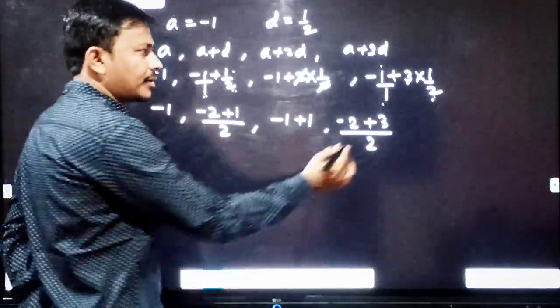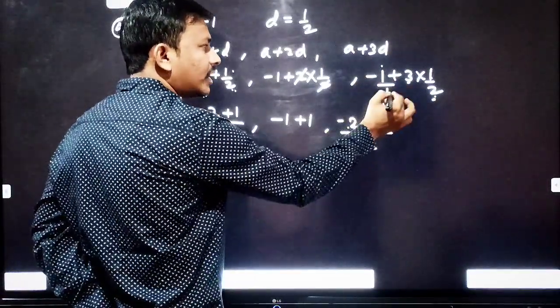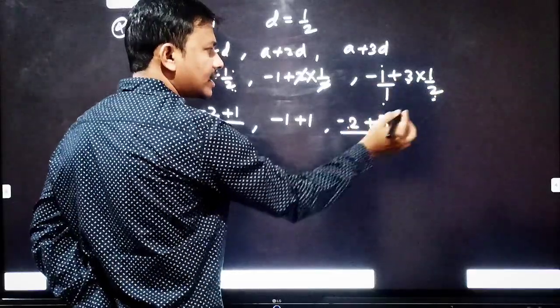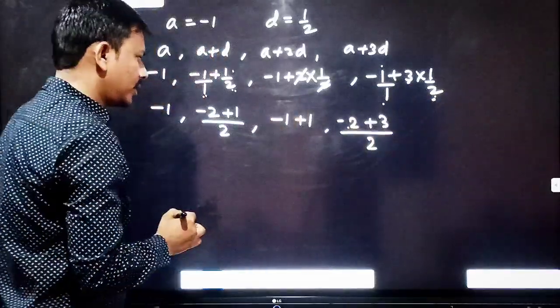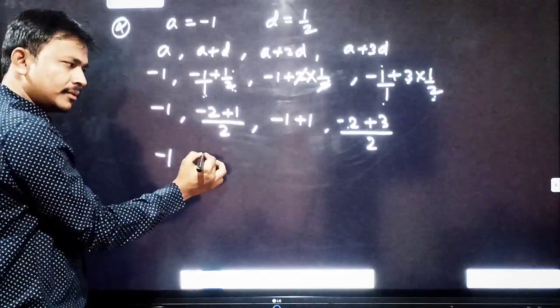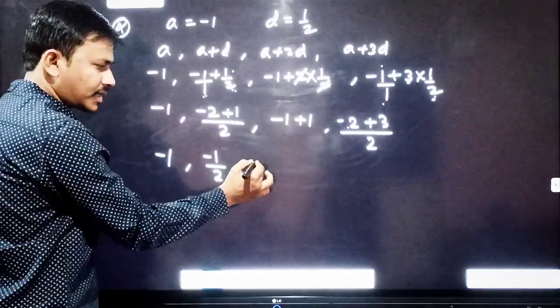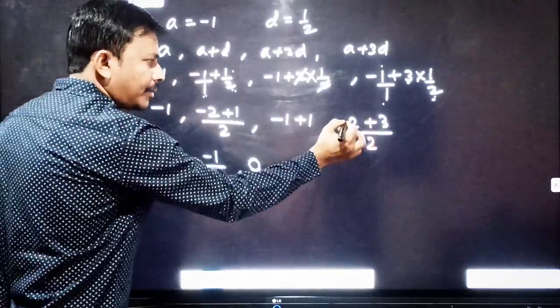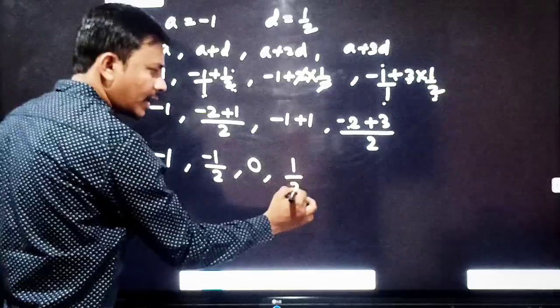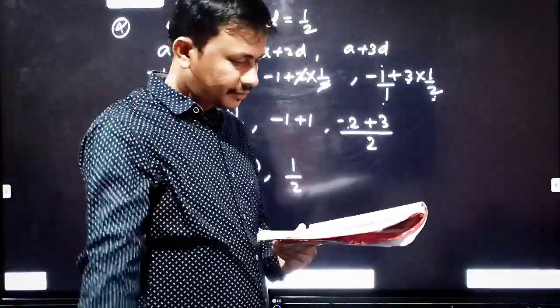Understood? Look here. Cross multiplication: 2 into -1 is -2, 1 into 3 is 3, plus as it is, 2 ones are 2. Then -1, comma, -2 plus 1 is -1 divided by 2. -1 plus 1 is 0. 3 minus 2 is 1 divided by 2. This is the answer for the fourth question.